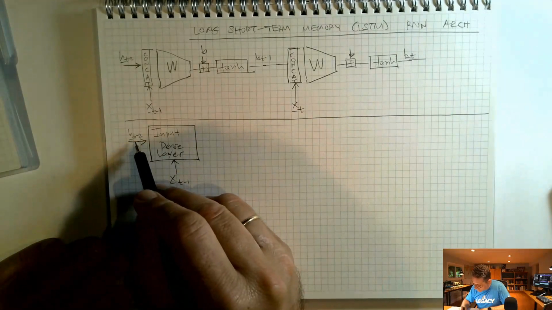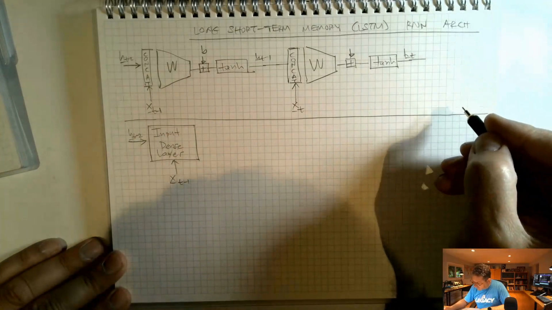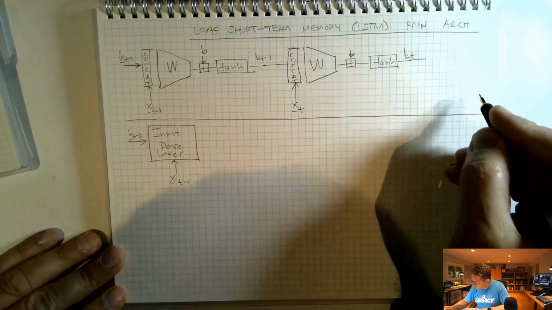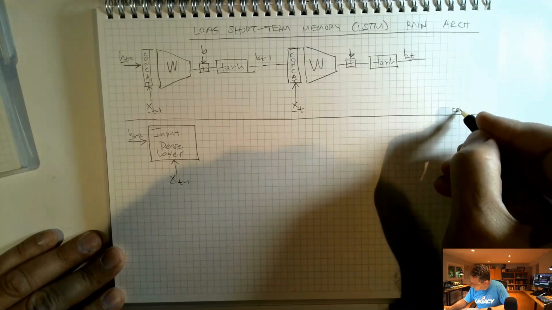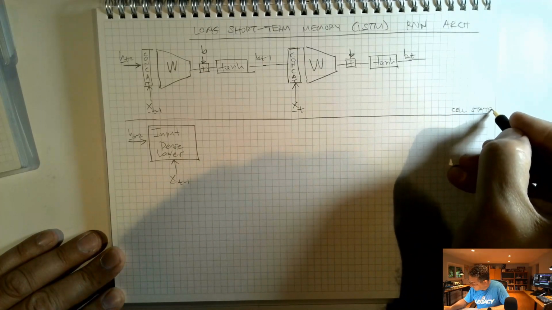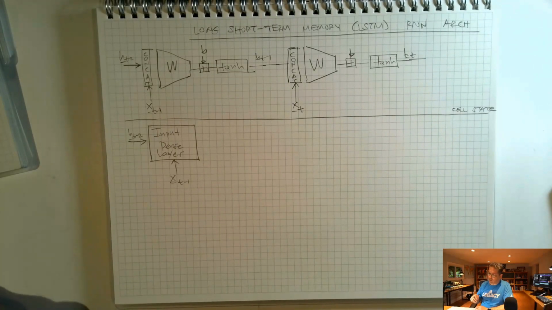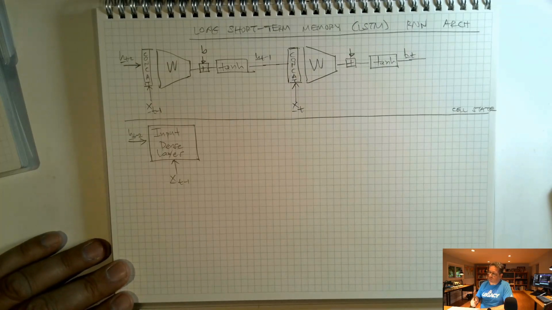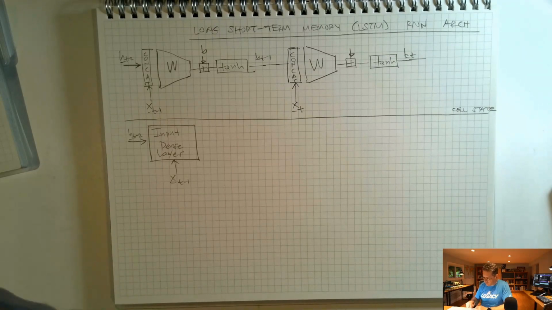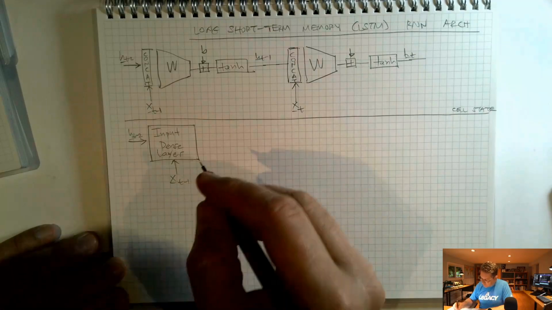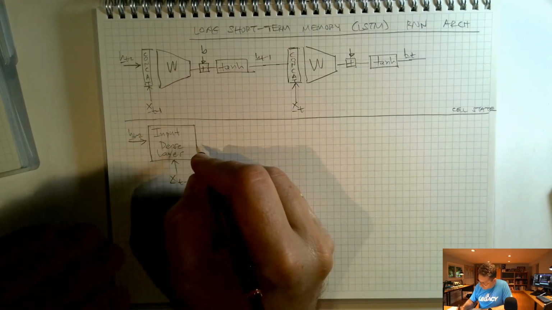So we had the hidden state h t minus 1 before. Now we are introducing the cell state, which we will symbolize with the letter S. This is the cell state line. This line represents memory, in the sense that we are able to store a cell state on that line and retrieve it. We'll see in a moment what happens.